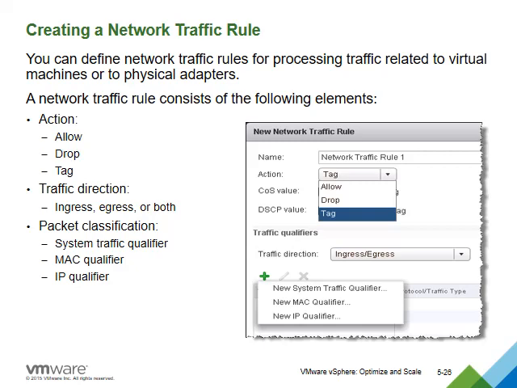Standard will only allow us to apply egress, not ingress or both. So we can only do it one way going out with a standard switch. We can do both with a distributed switch. We can also do packet classification. We can use a system traffic qualifier, a MAC qualifier, or an IP qualifier.